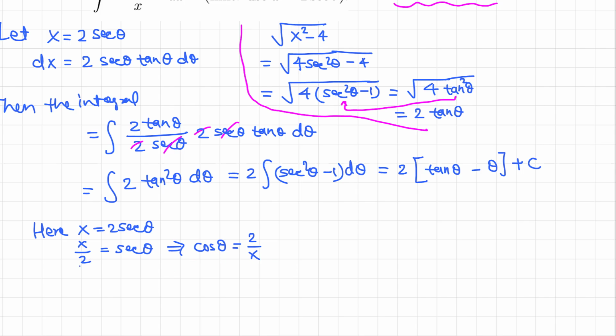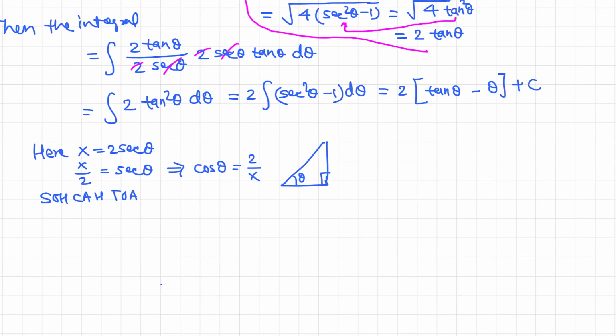And we know from SOHCAHTOA that cosine is adjacent over hypotenuse. So we can draw a right triangle with theta, and cosine is adjacent over hypotenuse. So the adjacent side is 2, and the hypotenuse is x.